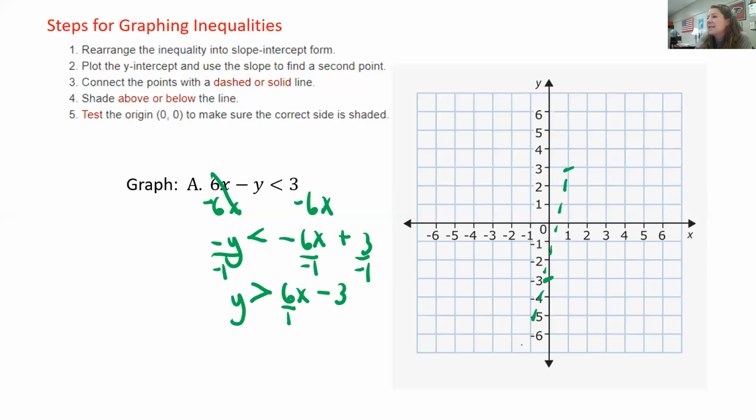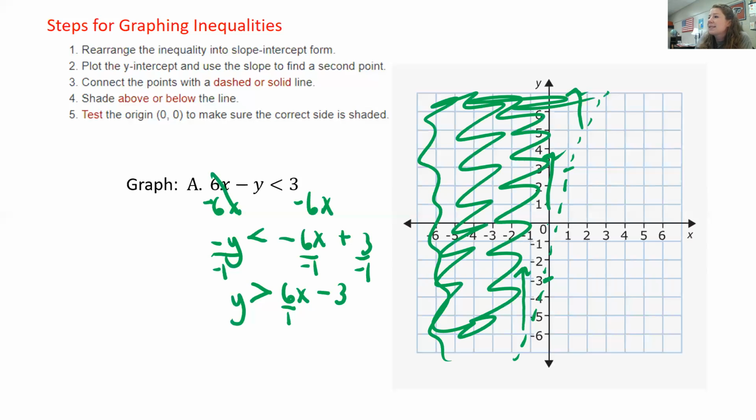It's a very steep line. And now, do I shade above or below my line? So, greater than. I had to flip it because I divided by a -1. So I'm going to go above this line, which is all in this area.